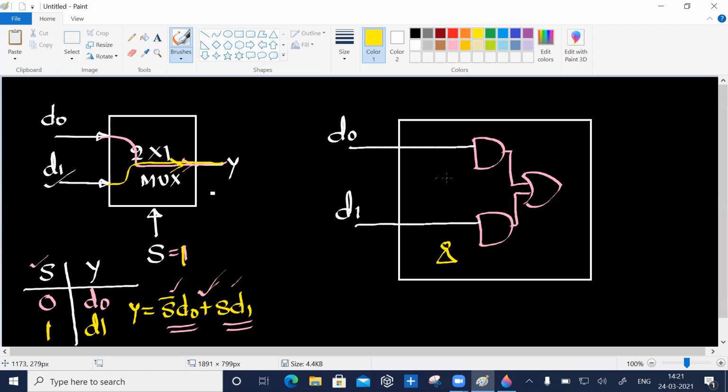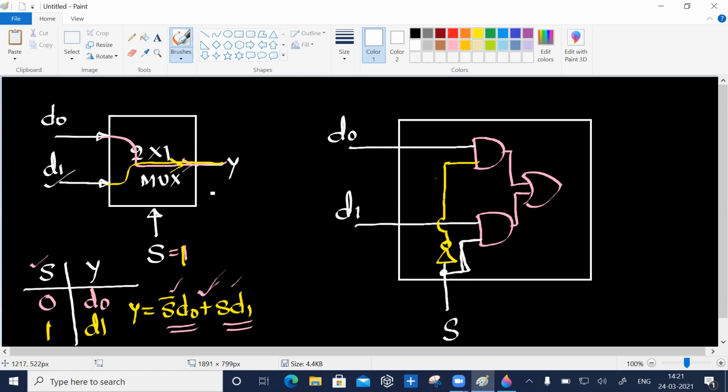It's up to you, you can draw in your own style. This is a NOT gate, and that's it, it's done. Now this is your S.